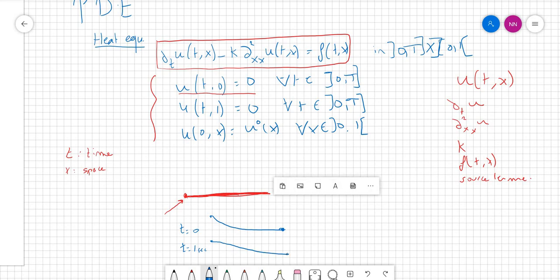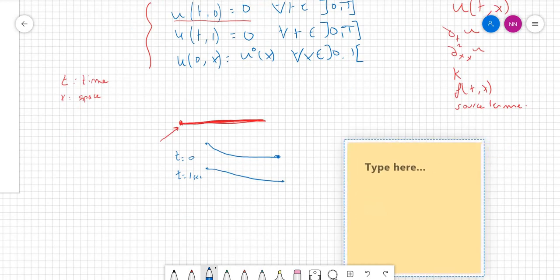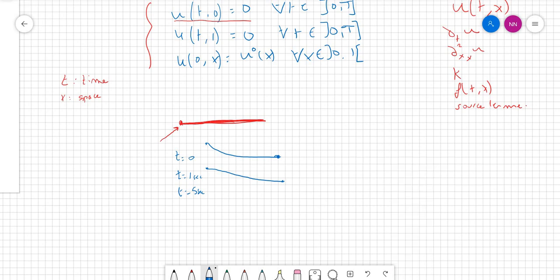If we move forward in time to t equals 5 seconds, for example, the function will be maybe like this, and here it will not be 0 anymore, it will be higher than 0 at the end.